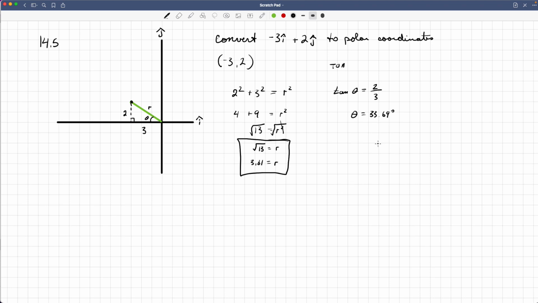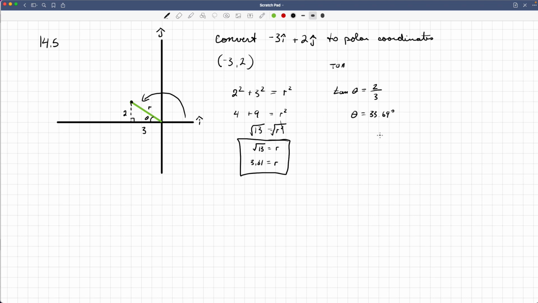I am going to write that this is, because this is above the x-axis and it is clockwise, it's going this way, this is going to be a positive degree measure, because this is the way we want to go. We would go counterclockwise here. So this is a positive degree.